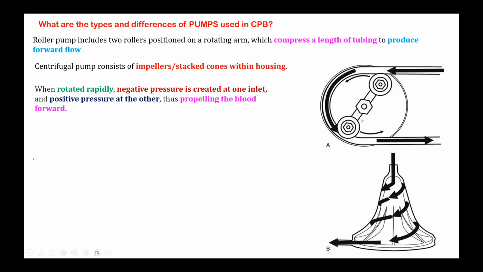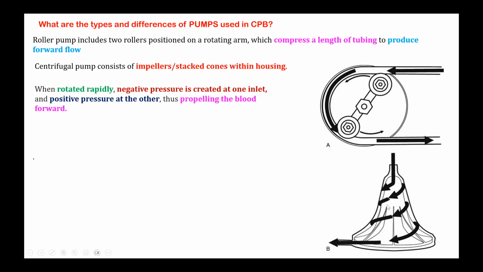So the A here is the roller pump. You can see this is one roller, this is another roller attached to an arm. So the tubing goes like this surrounding that roller. These rollers rotate. So what happens? The blood flowing here is pushed by this rotation movement. Compression effect is there, and there is a forward flow. You can see the direction of the arrow.